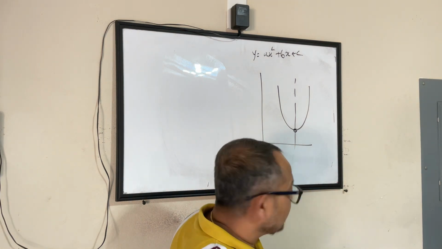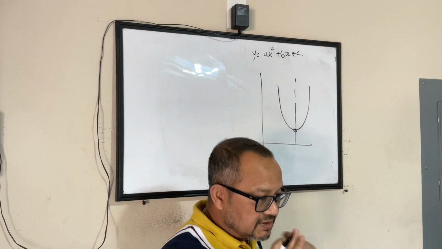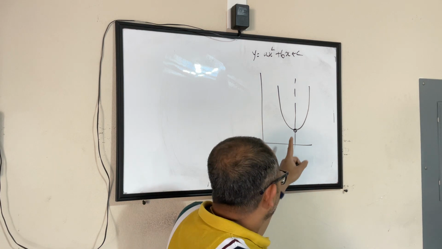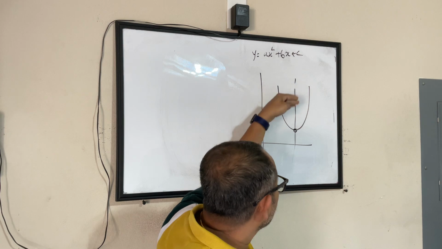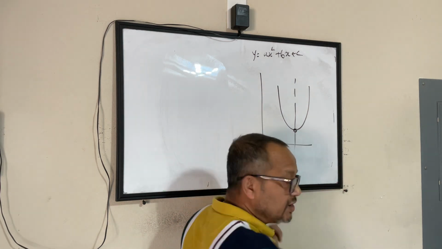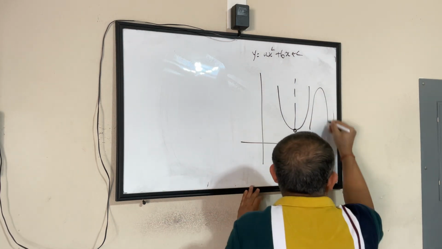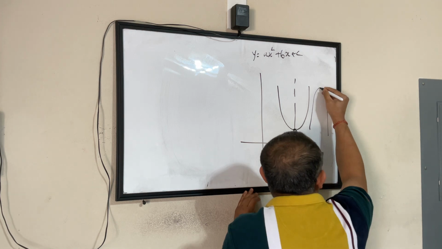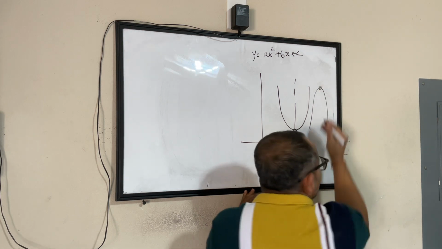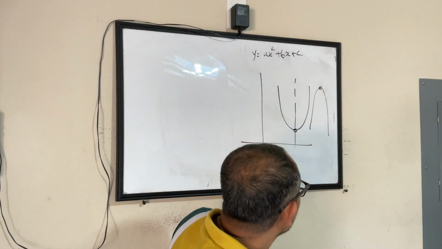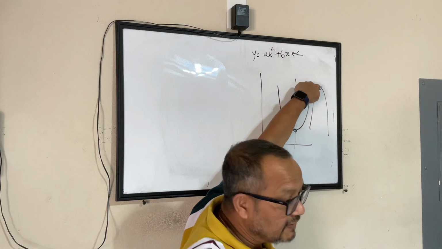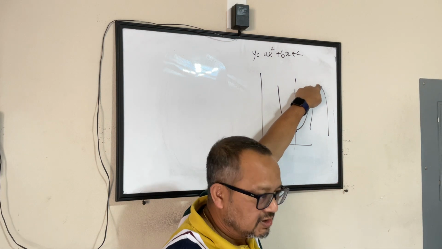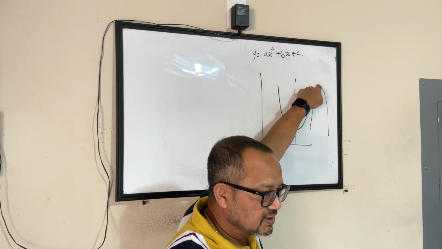So you can call it vertex in general. But if your parabola is facing upward, then this will be a minimum point. If your parabola is facing downward, this is still your vertex, but this is your maximum point. Meaning, this is the point where the y value will be maximum in this parabola.